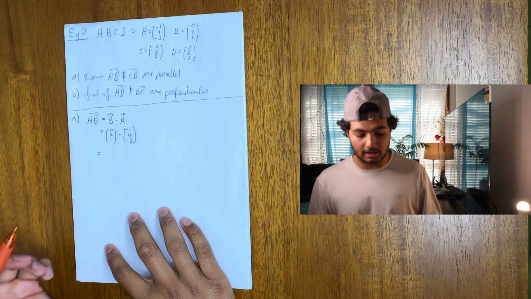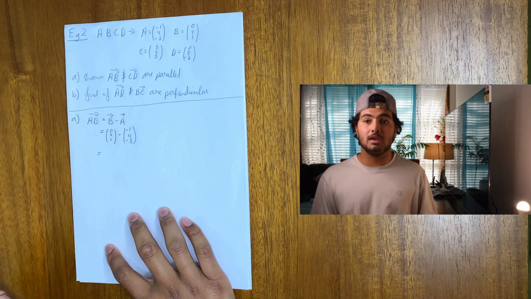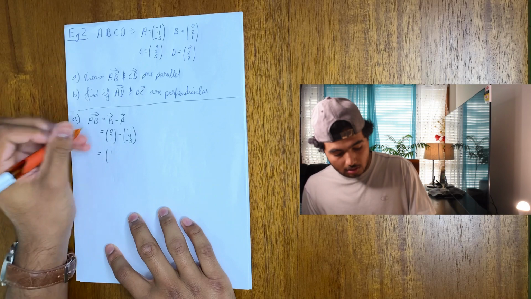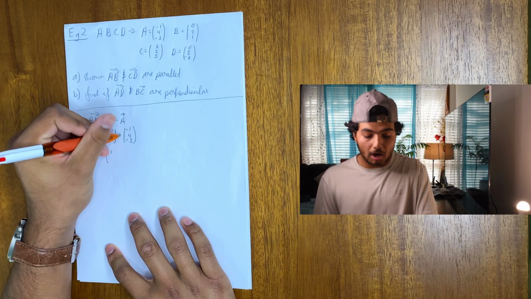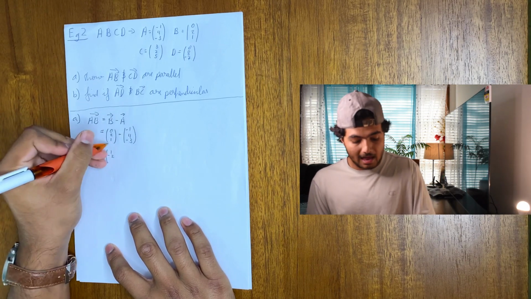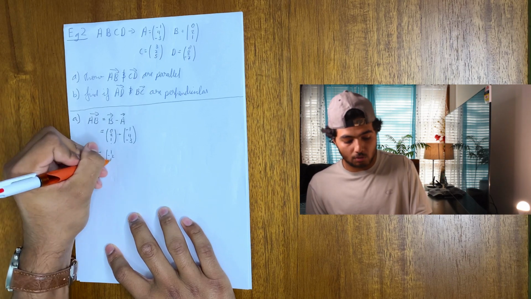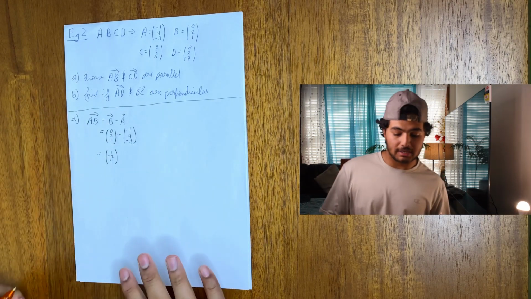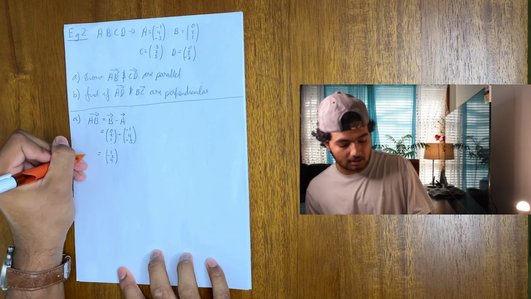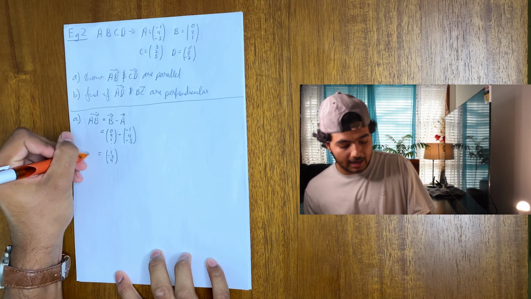When we minus this, like in the previous example, we go 0 minus -1 is 1. 2 minus 4 is -2. And 1 minus -3 is 4. So that is what we get for vector AB. Let's denote that as vector X in this case.